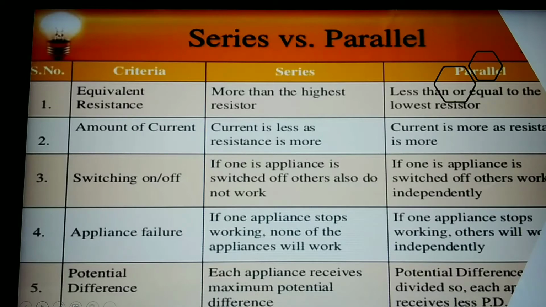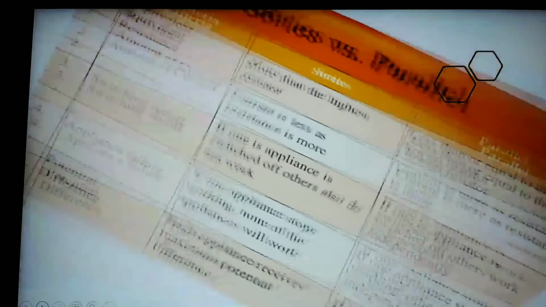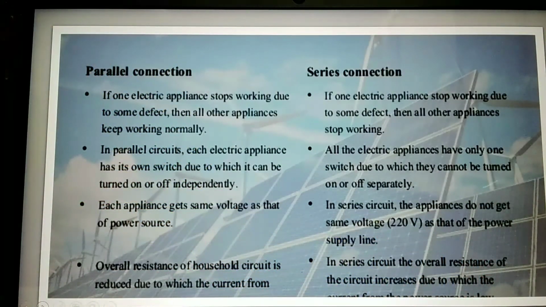The potential difference: in series, each appliance receives less potential difference as it is divided, whereas in parallel each appliance receives the maximum potential difference. In a parallel connection, if one electrical appliance stops working due to some defect, then all other appliances keep working normally.